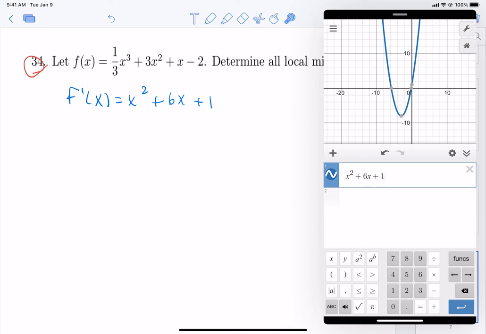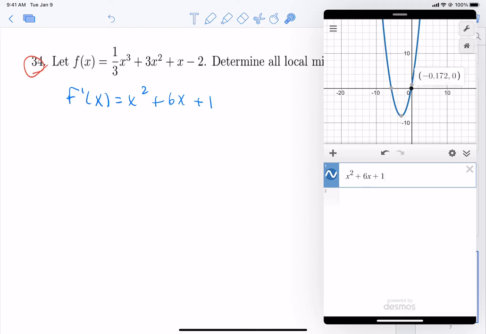Are you sure that's correct, coming off of 1/3 x to the third? Yeah, 3 times 1/3. Then you have to divide it by 3. No, you're not integrating. The 3 drops down, so it's 3 times 1/3. Okay, I understand that.